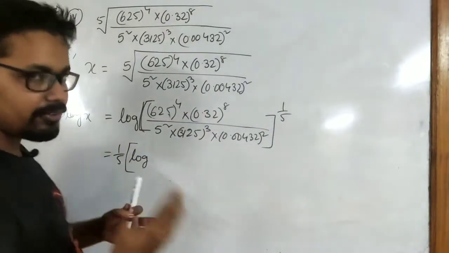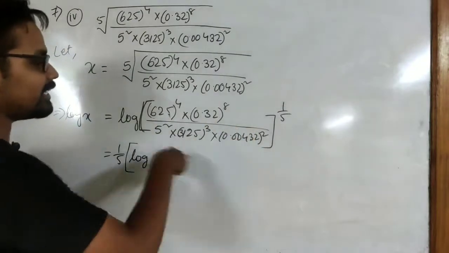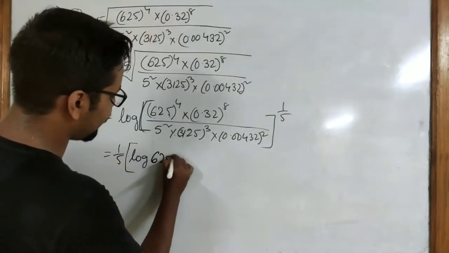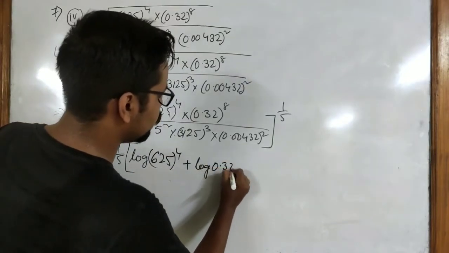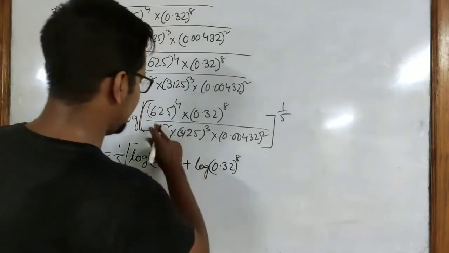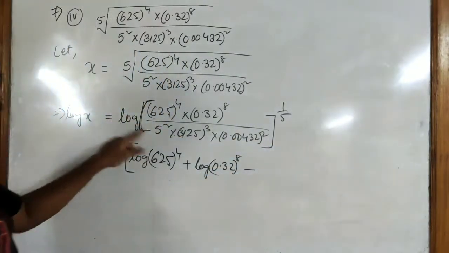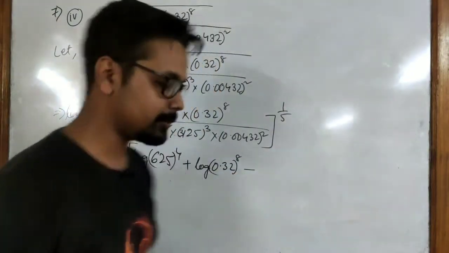If you are confused that here also it is multiplication, then why should we write minus? Because the whole thing is divided. Okay, let me show you why it is minus. So it is going to be log 625 whole to the power 4 plus log 0.32 whole to the power 8. Divide means minus of this whole thing, that is log this plus log this plus log this. So minus of log this, log this, log this.